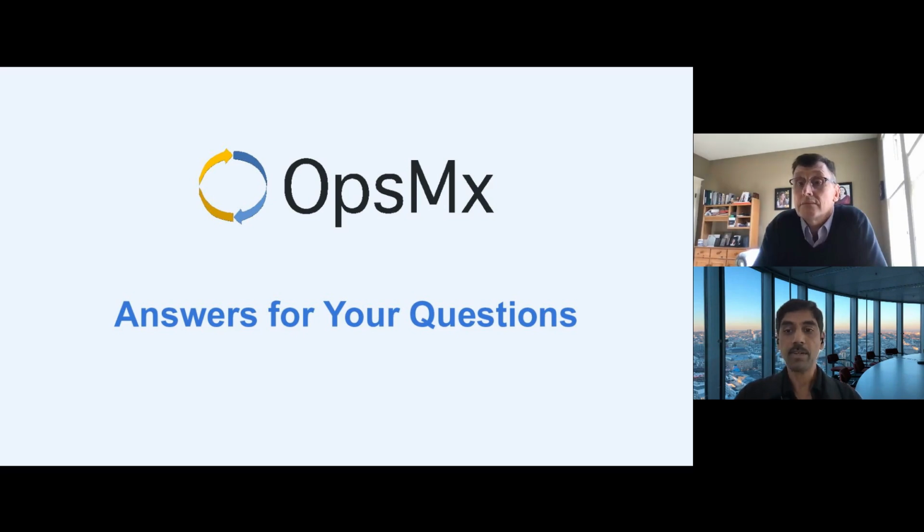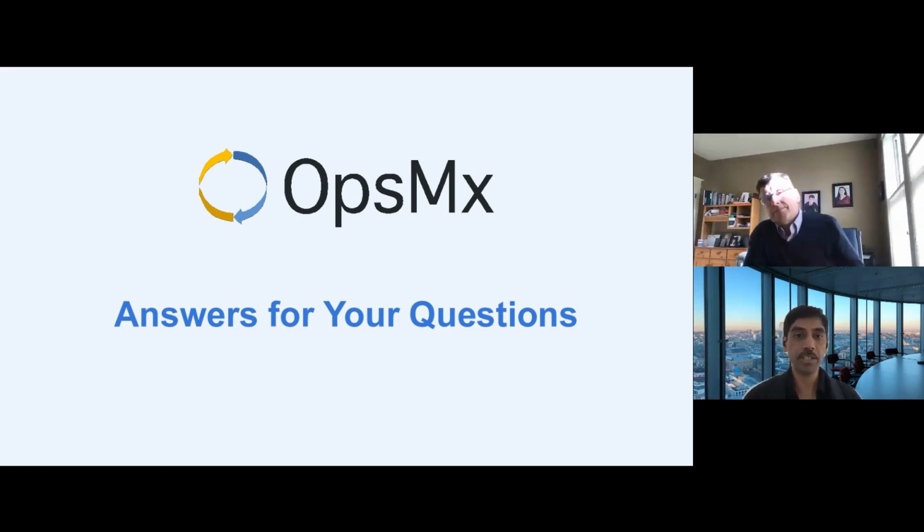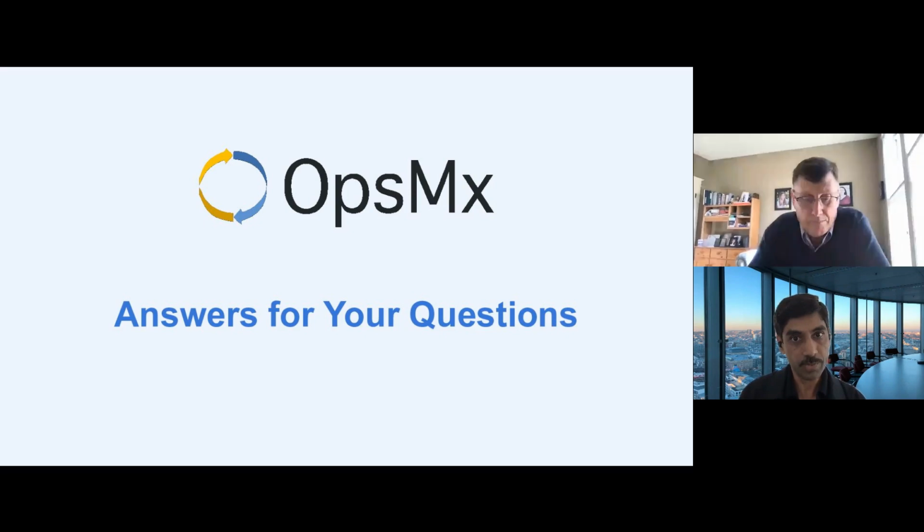Is OpsMX built on Jenkins, or your own custom built? I think you already referred to the fact that out of box we're built on Spinnaker, but we're also supporting other CD platforms. That's right. So we have integrations with Jenkins, two-way integrations, Jenkins jobs. We use Jenkins for the CI, and if there are custom stages, jobs that you have built with Jenkins, you could use them in the workflow as well.